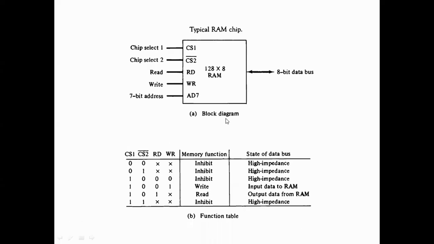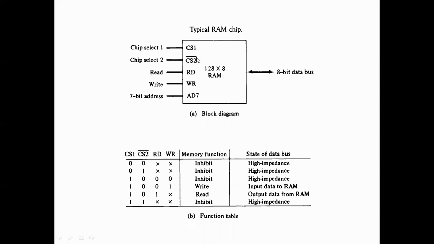Okay, we can draw a function table for this RAM, 128 into 8 RAM. This is a very simple table. Since there are these 4 lines here for selection of the chip and reading writing, we write these 4 here. So this is chip select 1, chip select 2.